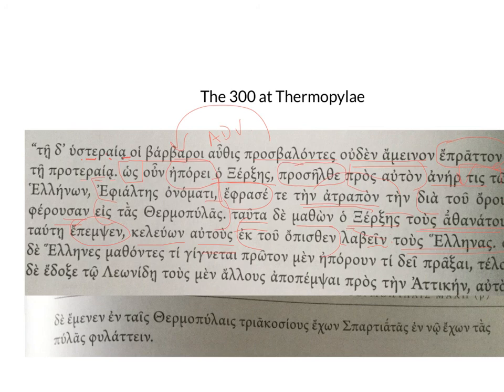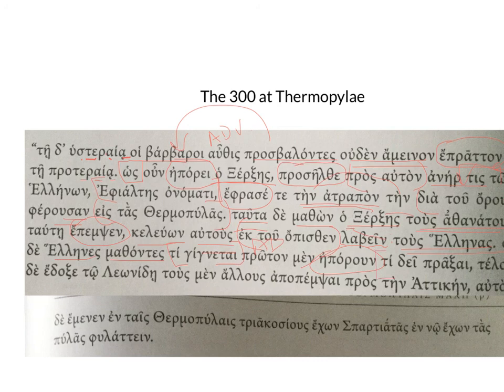We find out then that hoi Hellenes, the Greeks, there is our subject, mathantes, having learned what happens, and this technically, and we'll see this later in the semester, is called an indirect question. The Greeks, having learned what happened, here's an adverb. At first, here's aporeo again. Again in the imperfect tense, we're at a loss.